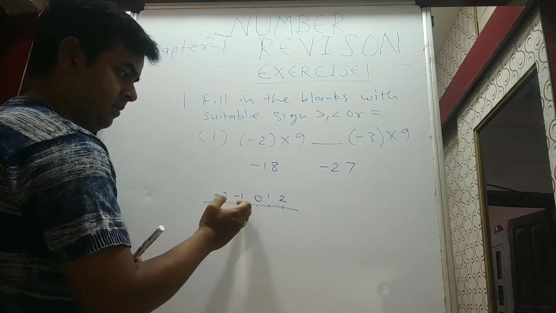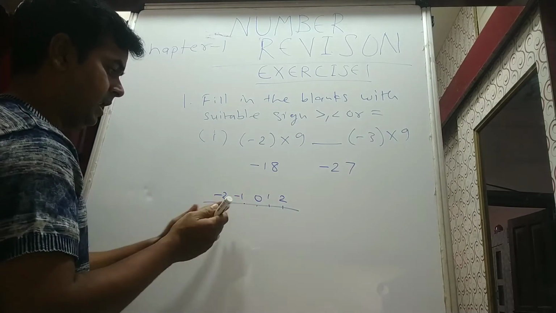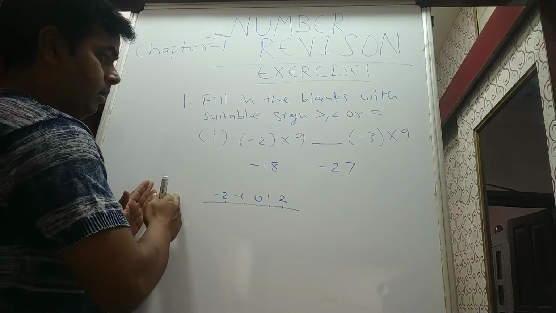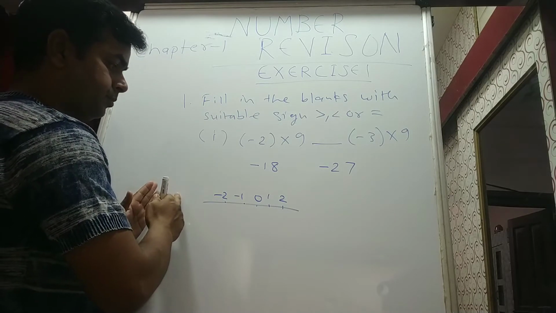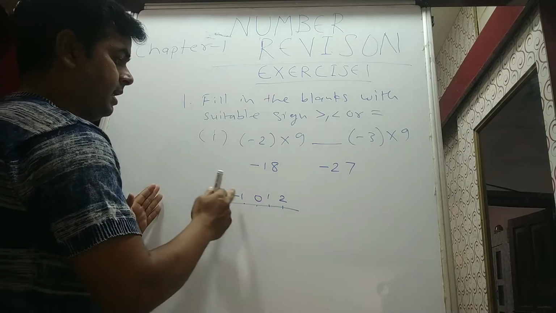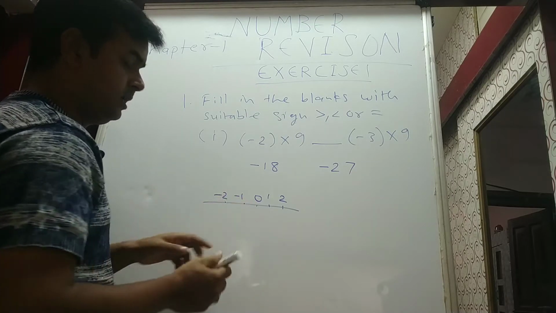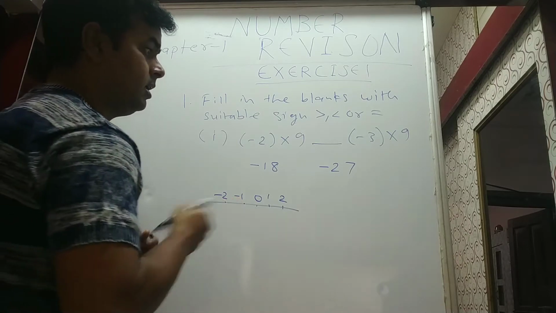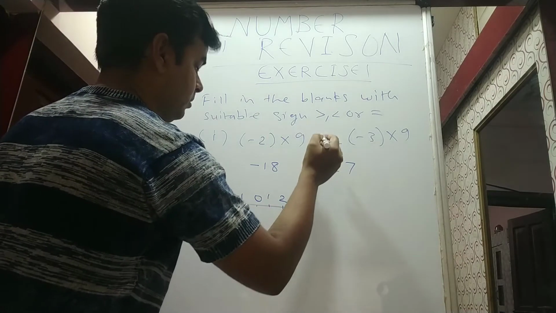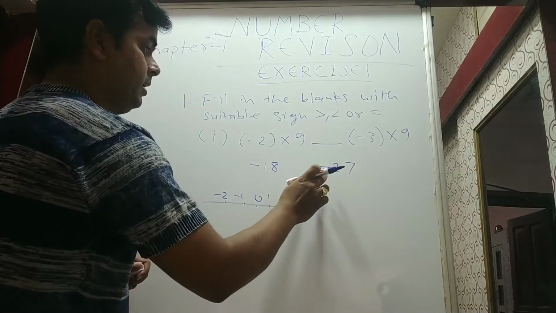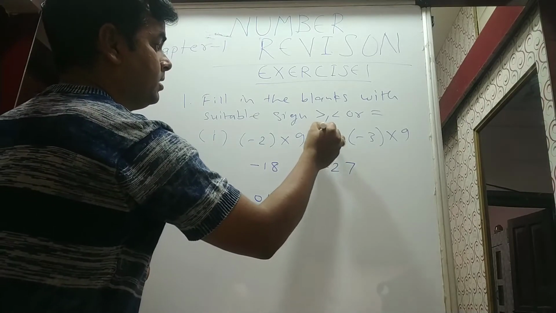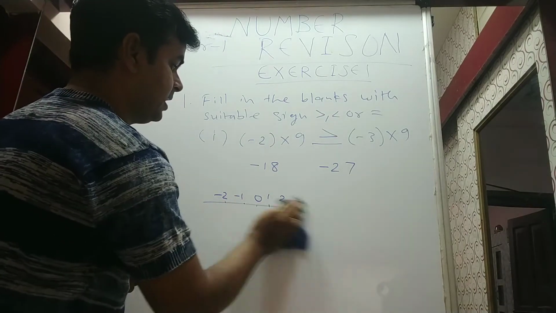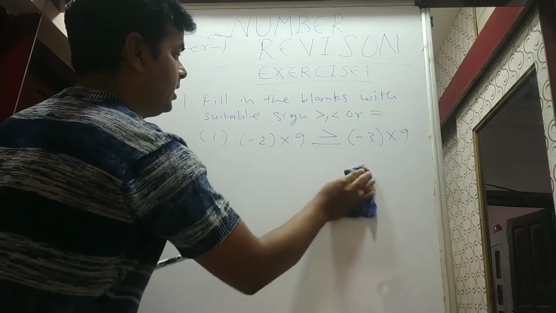But in the case of negative numbers, if you go to the left-hand side of the number line, that will be a lesser number than this one. As you can see, 0 is greater than minus 1. So this will be the greater one, and this one will be the lesser one. The sign will be this: minus 18 is greater than minus 27.